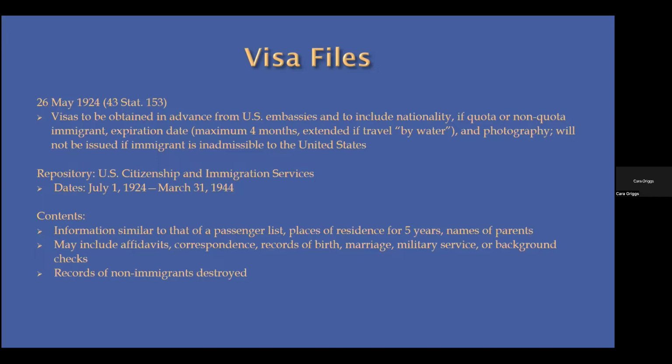U.S. embassies and consulates issued the visas, and only those who had visas were supposed to be admitted. So it was a way of pre-screening those who were admitted to the U.S. The records exist as a separate series of federal records through March 31st, 1944, and they are in the custody of U.S. Citizenship and Immigration Services.